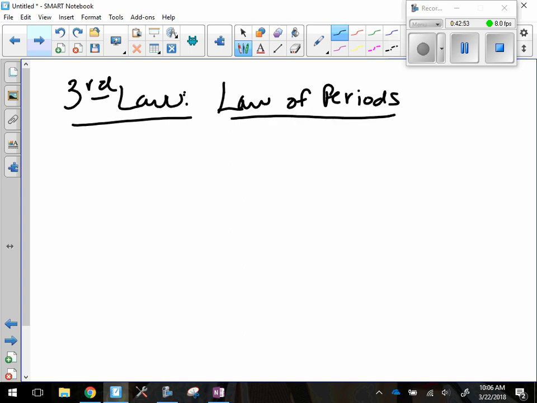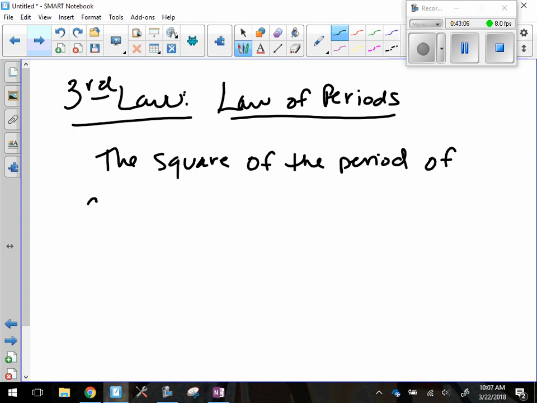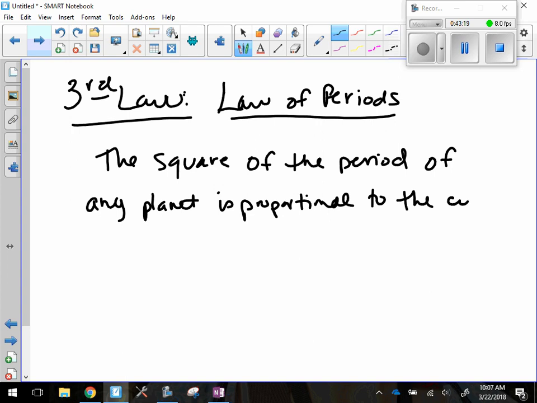So the law of periods says the square of the period, it's actually the sidereal period, but it doesn't matter, of any planet is proportional to the cube of the semi-major axis of its orbit.